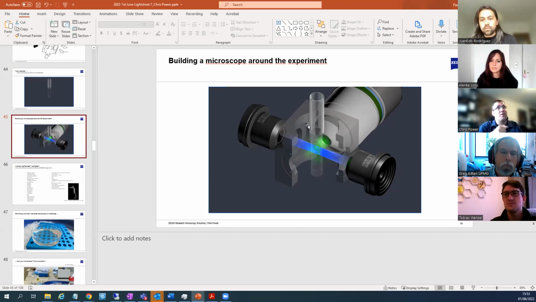You would then open the door, unscrew the chamber, pull it out, and then you change the three lenses. For someone trained who knows what they're doing, it's about 5 minutes to change between a water set and a clearing set. So it's not instant, but 5 minutes, 10 minutes if you don't know what you're doing.